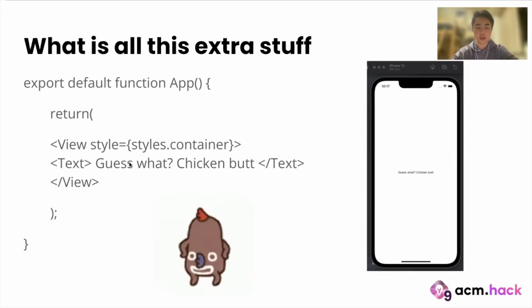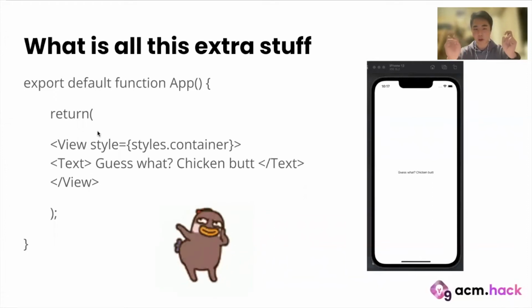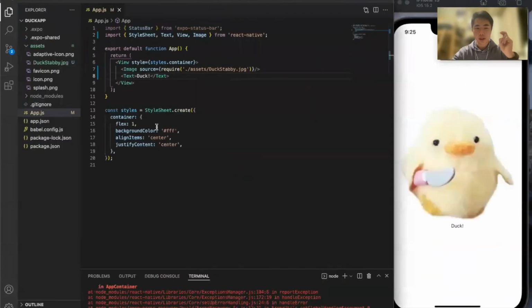Something important to note is we can only return one component. You might be wondering how that is possible, because it seems like we have an image, a text, and a View. Aren't those three different things? Well, actually, it's not.